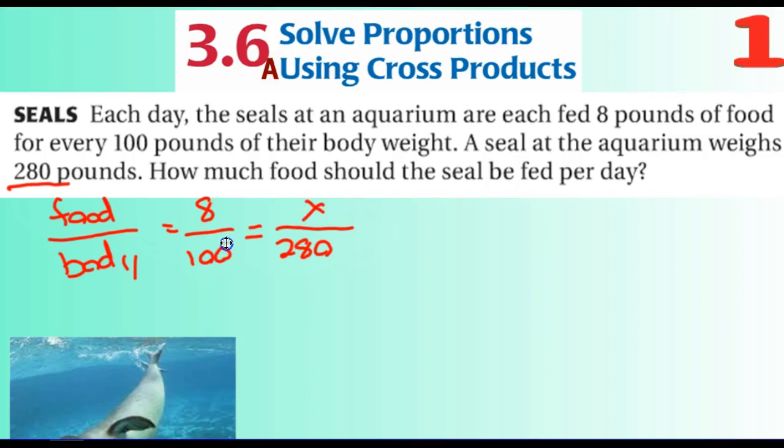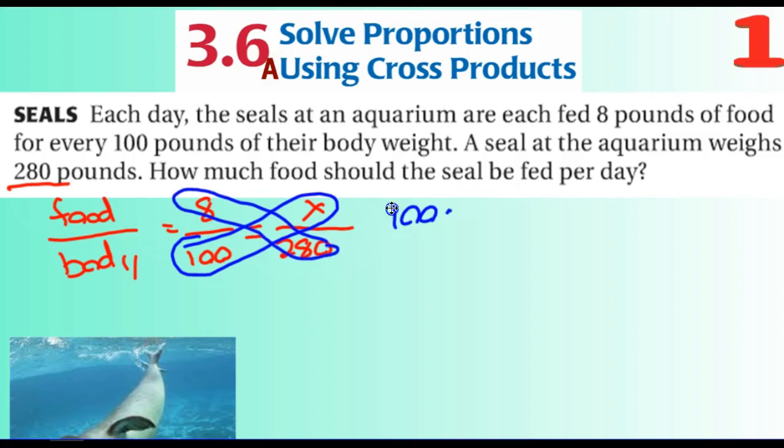Now remember, if we have a proportion, which we do now, we can solve it by cross-multiplying. So we'll have 100 times X and 280 times 8. Now 100 times X is just 100X, equals 280 times 8, which gives us 2,240.